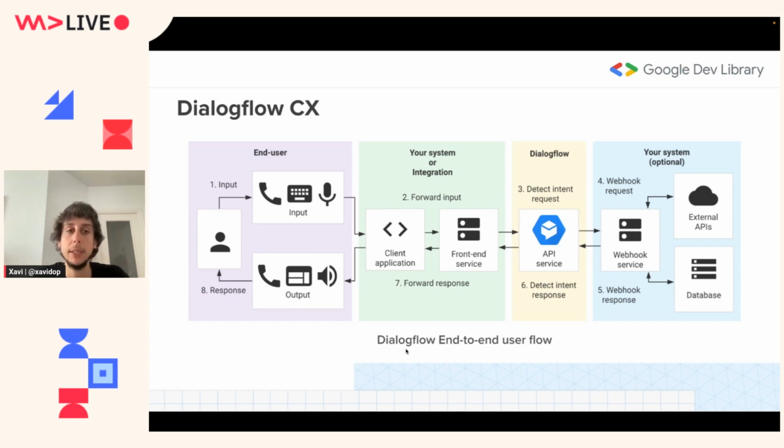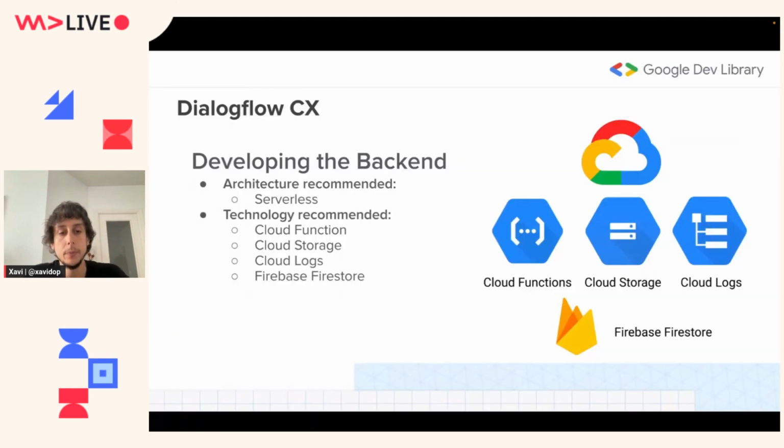There are built-in integrations and there are custom integrations. We are going to see it in a bit. For the webhooks, Dialogflow CX accepts a webhook, so at any time during the conversation, you can call a webhook. The architecture recommended for developing the backend on Dialogflow CX is basically serverless.